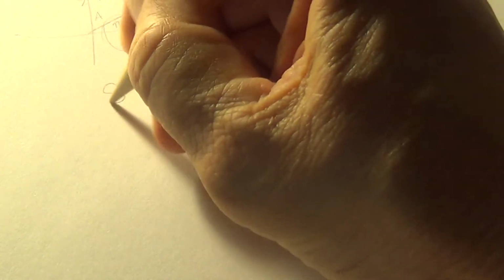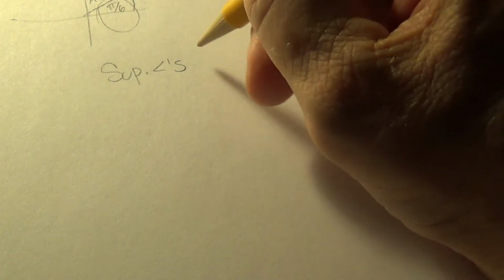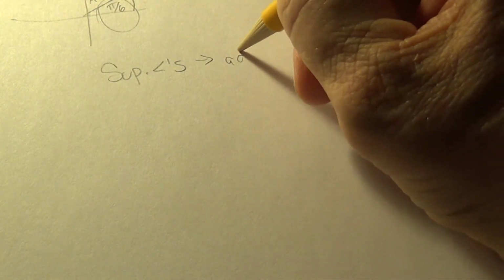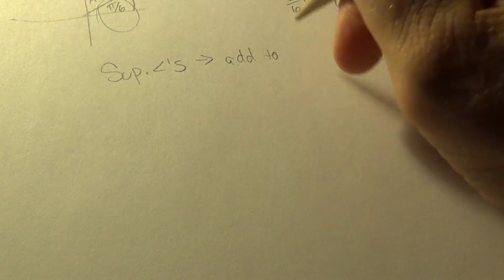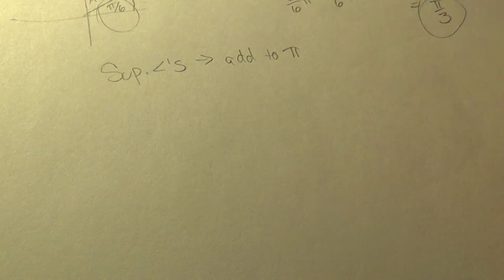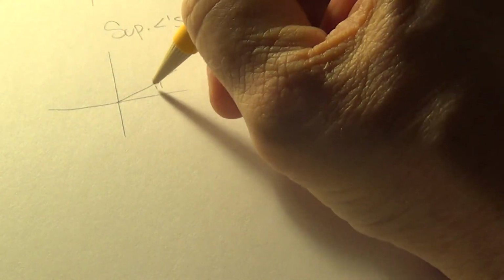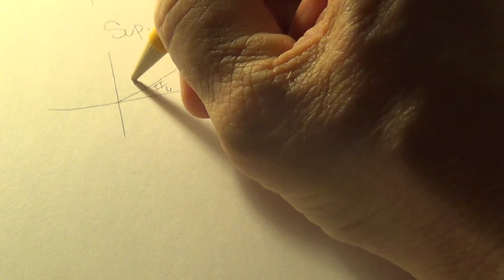Supplementary angles are similar in that they sum to 180, which is pi radians. So let's do pi over 6. What is the supplement to pi over 6? So this time we want this angle that takes us all the way over to pi.